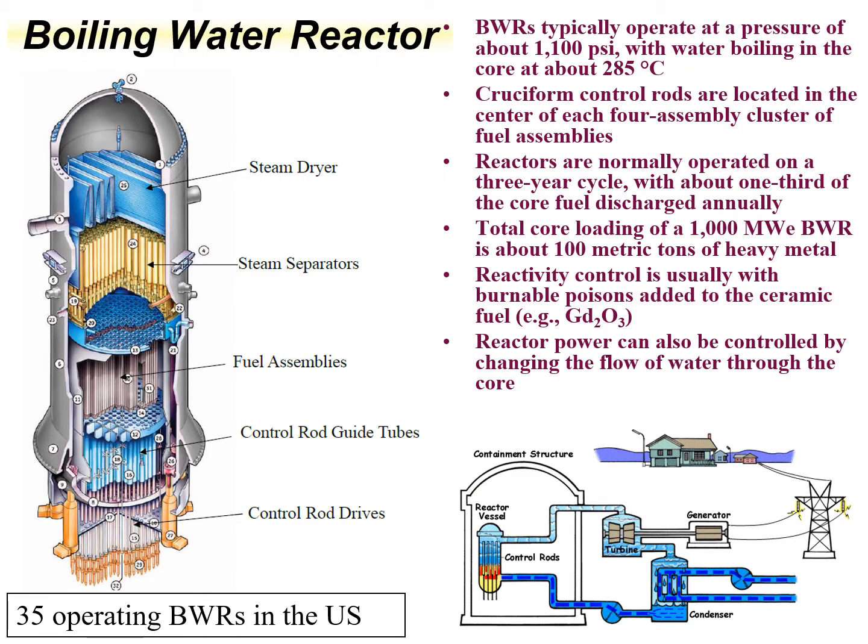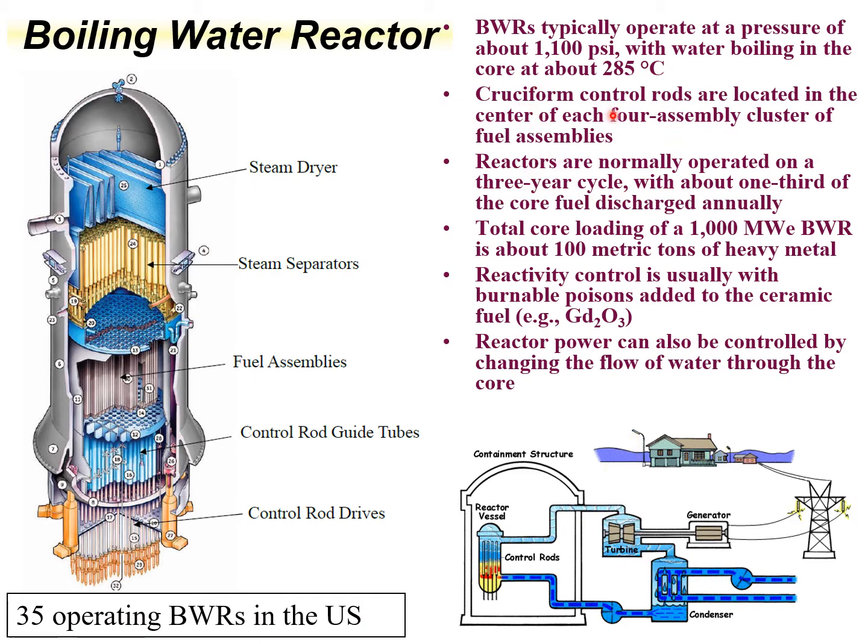Another type of light water reactor is shown here as a boiling water reactor. There's about 35 operating in the United States. A boiling water reactor operates at a pressure of about 1,100 pounds per square inch, with the water boiling at the core at a temperature of around 285 degrees C. There are control rods located in the center of a 4-assembly cluster of fuel assemblies.